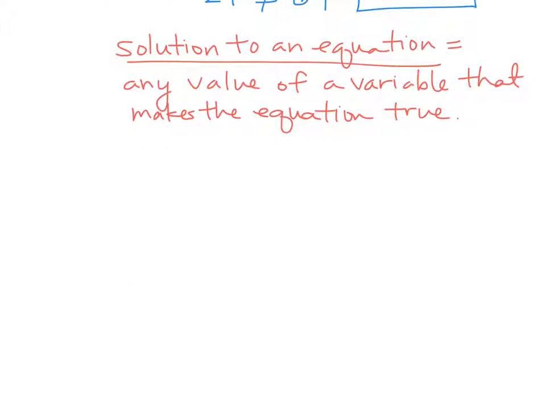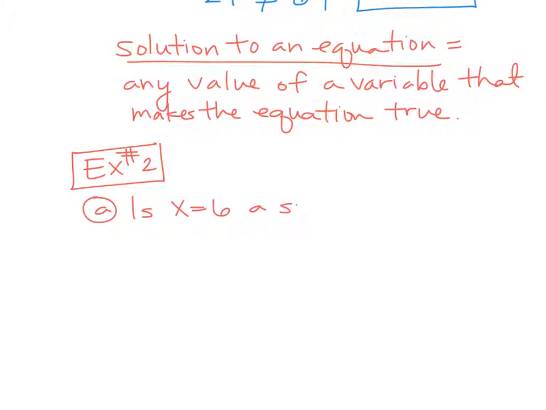So I'm going to give you an equation and say, is this number a solution? So let's say this is example 2. I'm going to ask the question, is x equals 6 a solution to 32 equals 2x plus 12? Okay, so is 6 a solution?